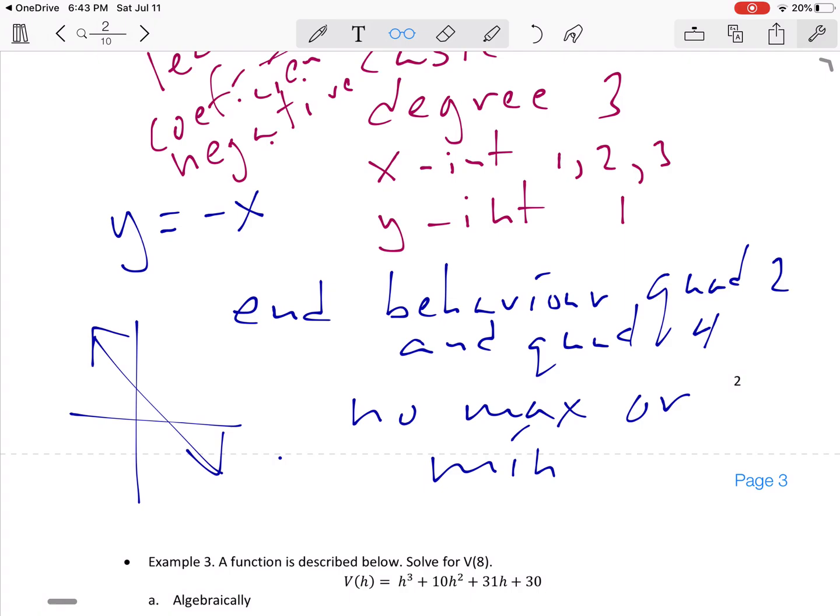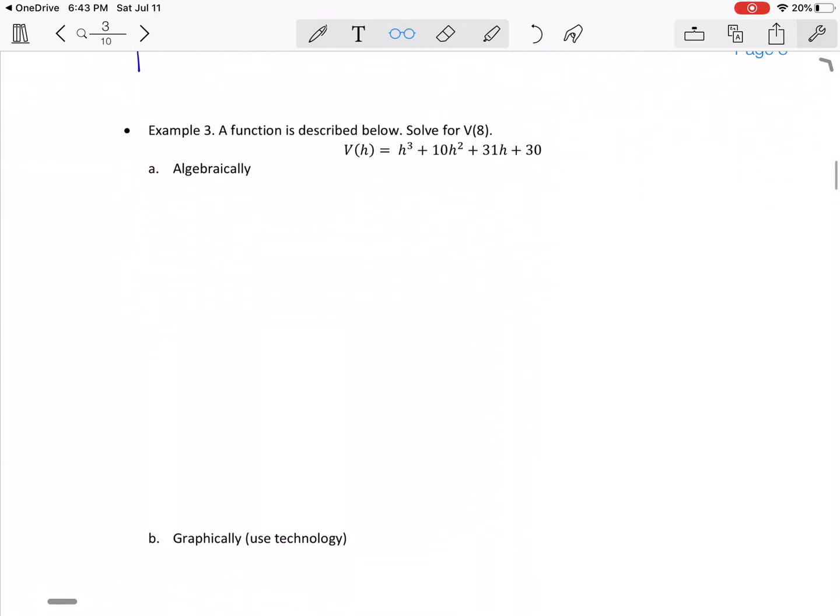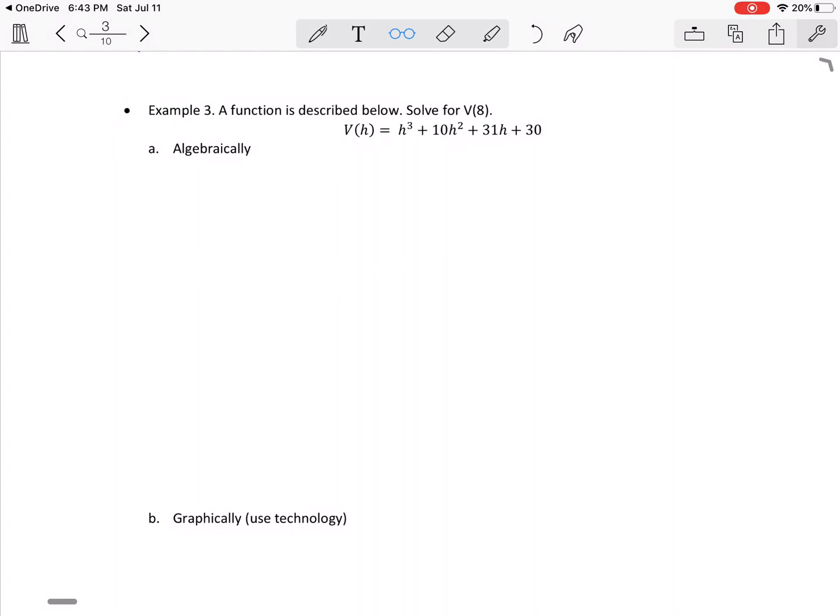Okay, lastly, let's look at some calculations here. So here's your function, right? You notice you don't always have to use x. It could be using different letters, but you still treat this the same way. And so when it says solve for v of 8, what that's telling you is find out what the function is equivalent to when 8 is substituted for h.